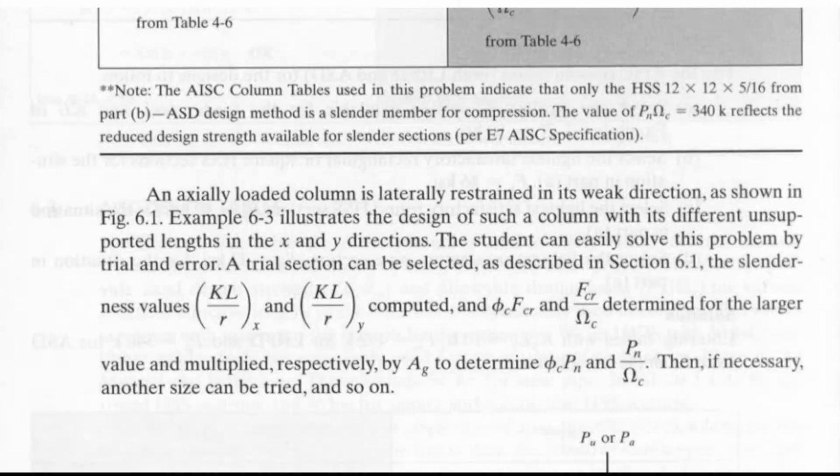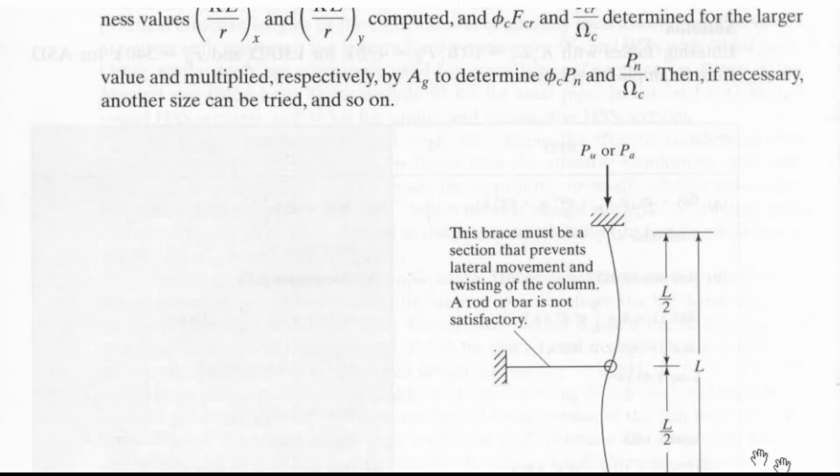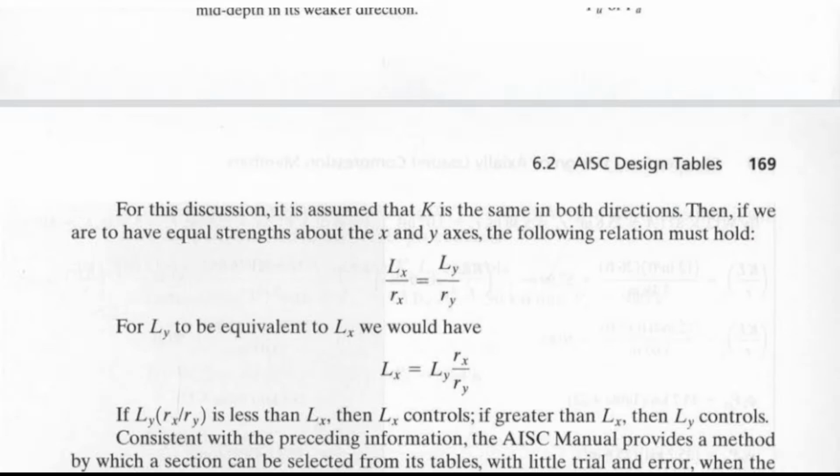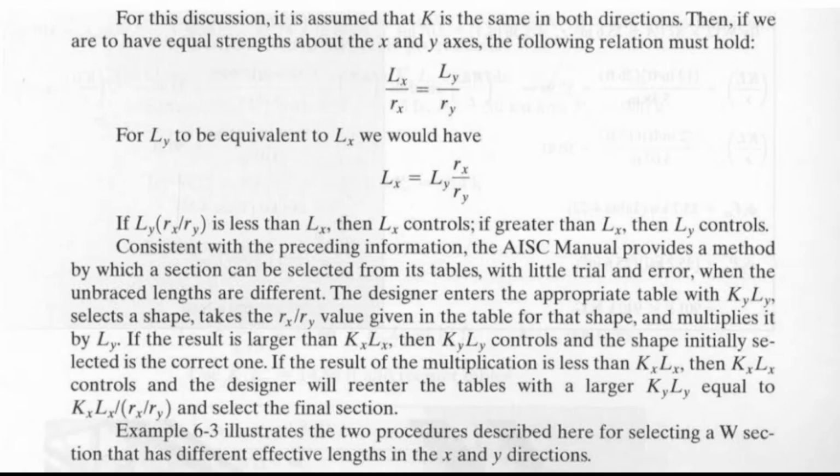So also using the tables, and also using the effective length. How did this happen? This is now L over 2 for the modified effective length.